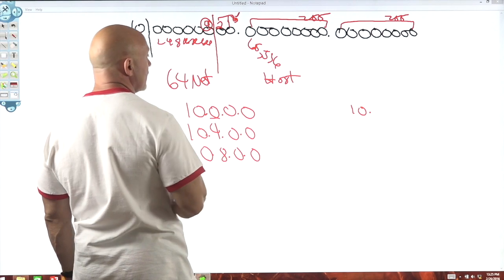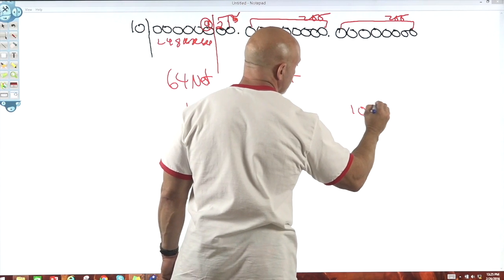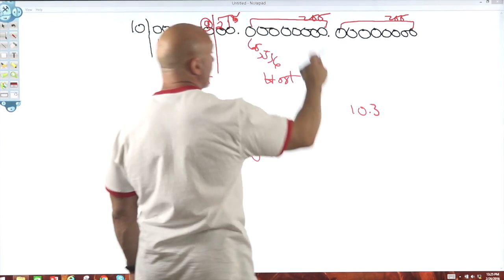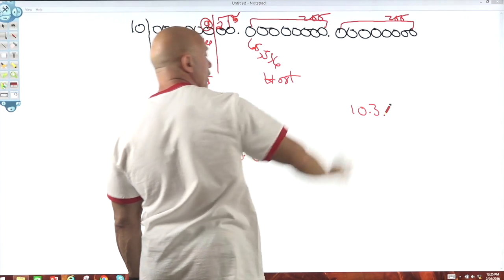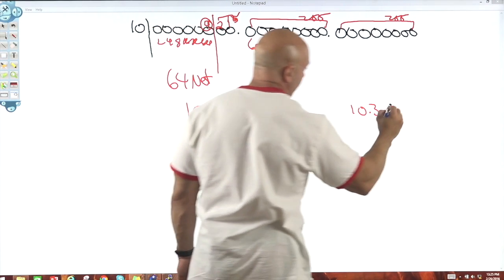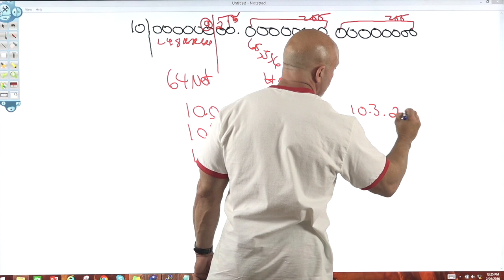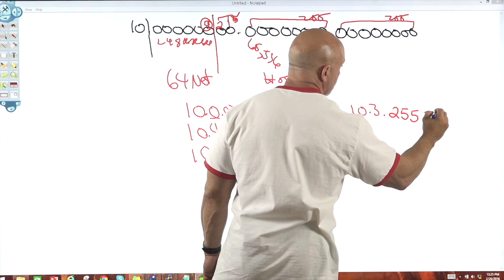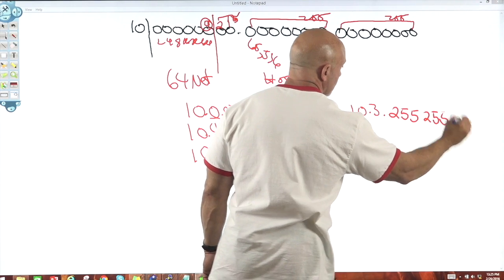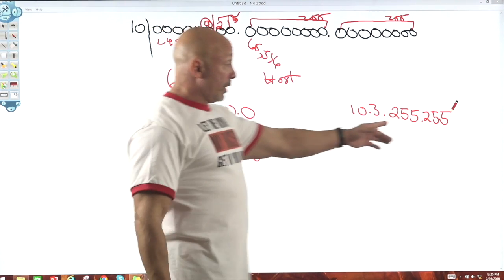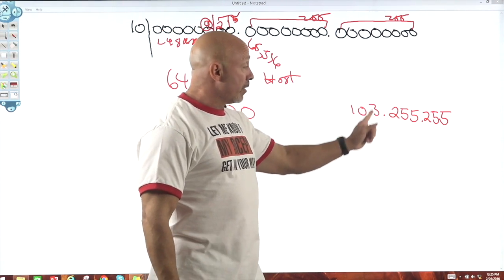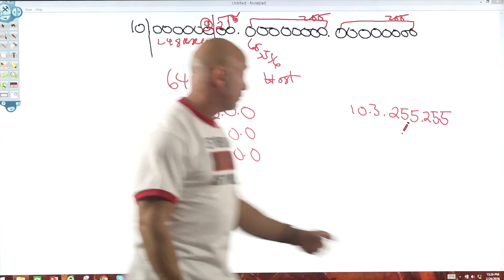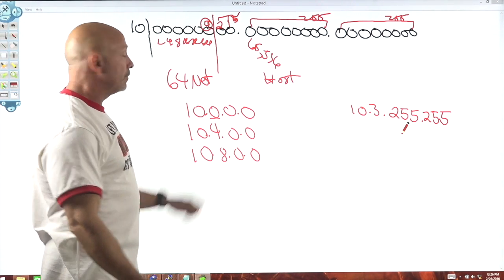This 3 is in the second octet. And you see both octets, the third and the fourth, 255. Okay? It's reached its maximum. Flips this guy over to 4, 0, 0. There it is right there.